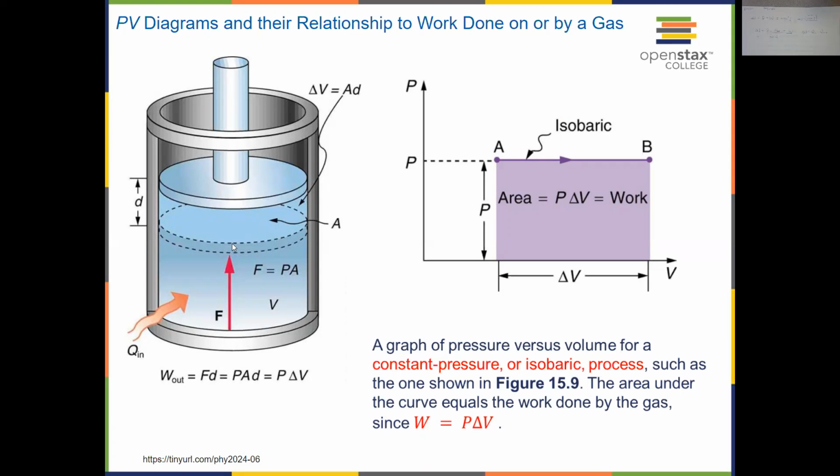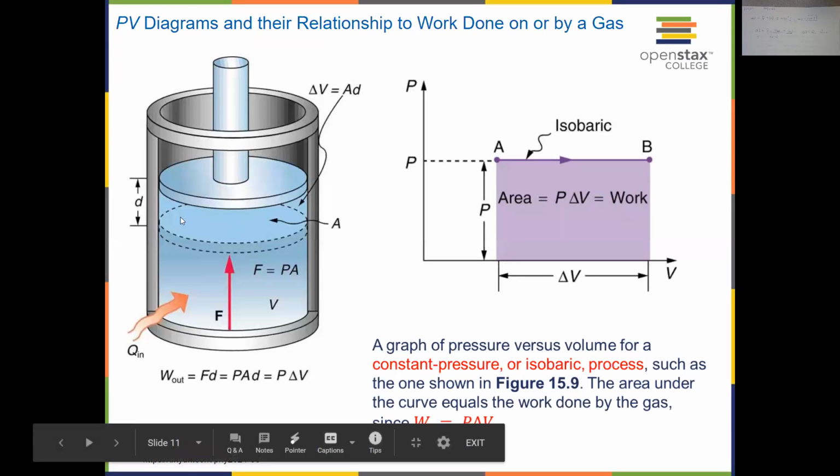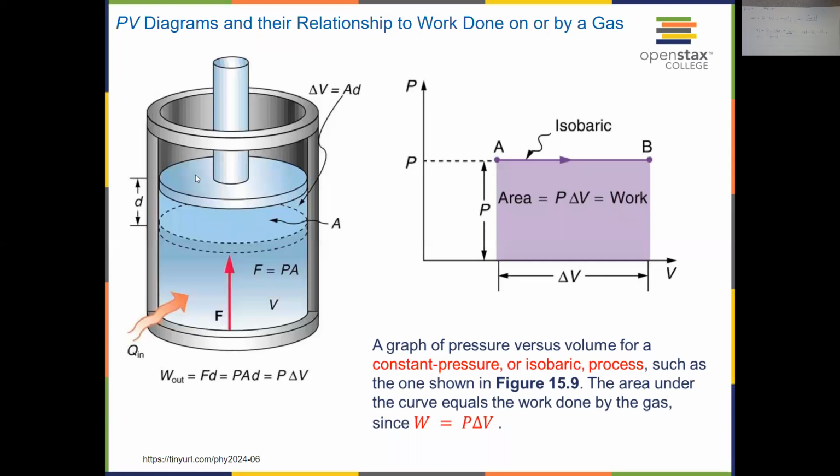If you add heat here and let the piston move freely without friction, the pressure is constant, because the pressure will be equal to the weight of the piston divided by the area underneath the piston, mg divided by A, which is constant. It's equal to the pressure inside the gas system. So if you add heat into the system, it will expand.